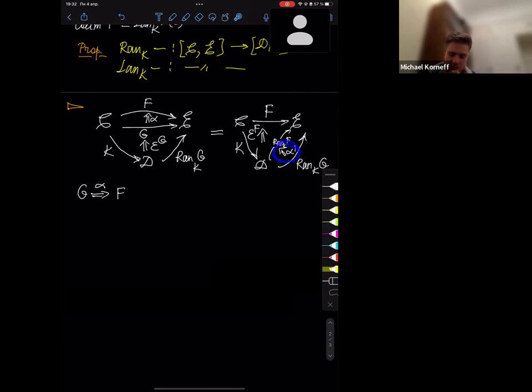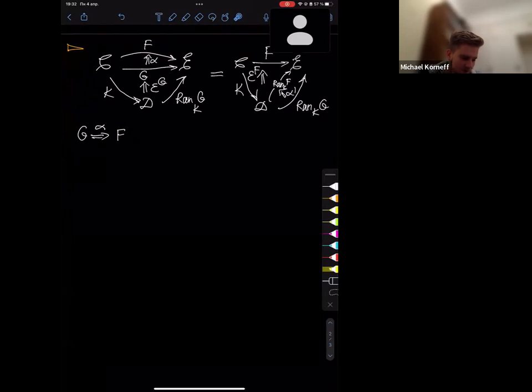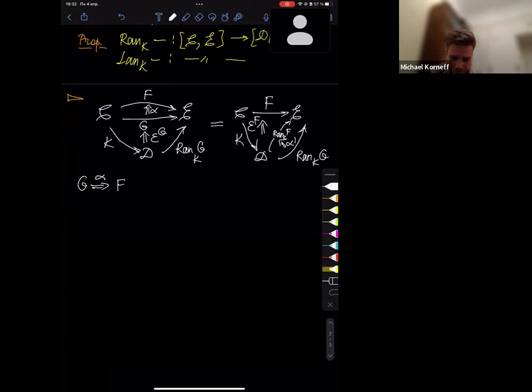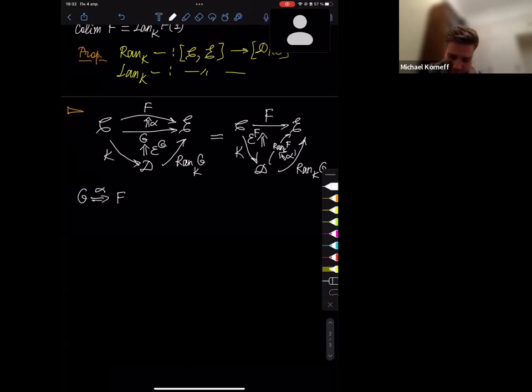This natural transformation exists because of universality of right Kan extension. Okay, and thus we can conclude that right and left Kan extensions are functors.